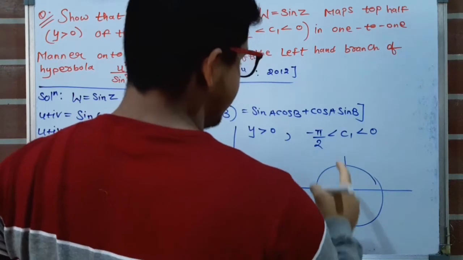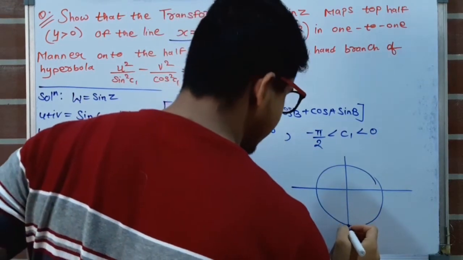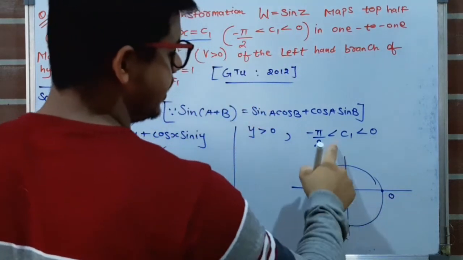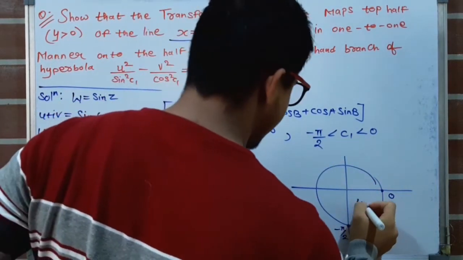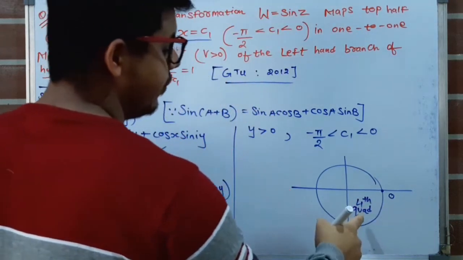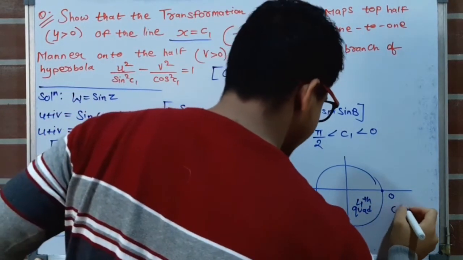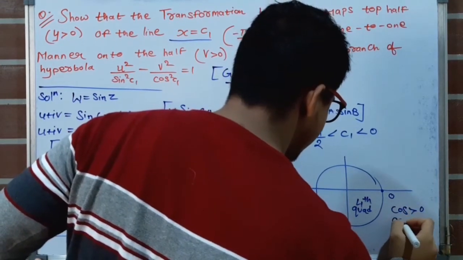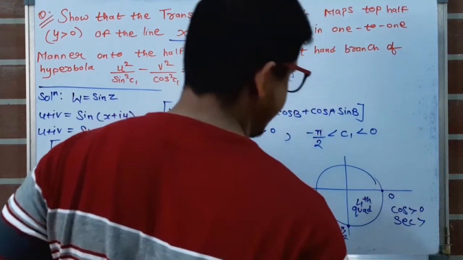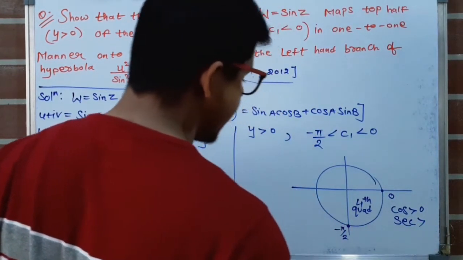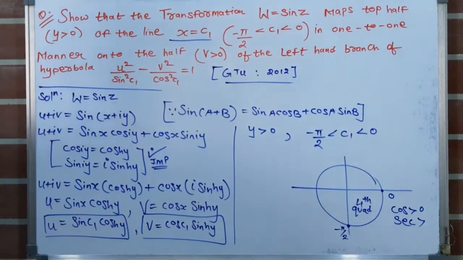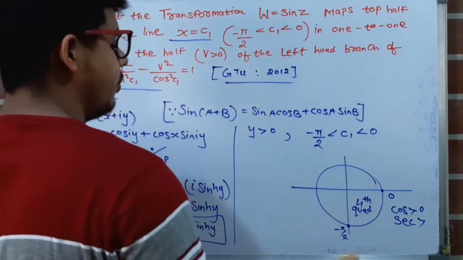Minus pi by 2 will be here and 0 will be here. So this region is the fourth quadrant in the unit circle. In the fourth quadrant the cos function is positive and its reciprocal, sec, is also positive, and all other trigonometric functions are negative. So here it is sine and cos. What will be positive and what will be negative?